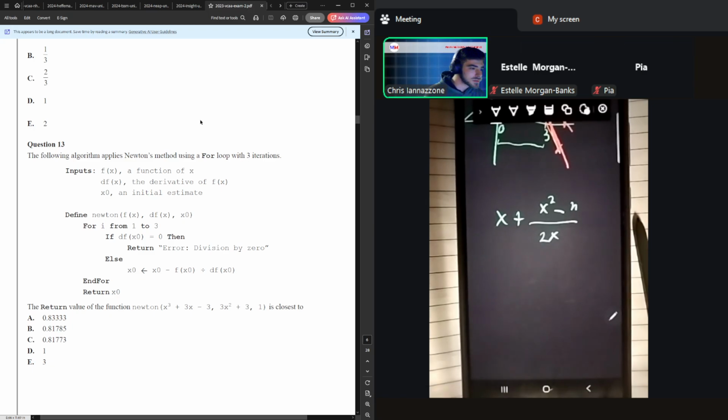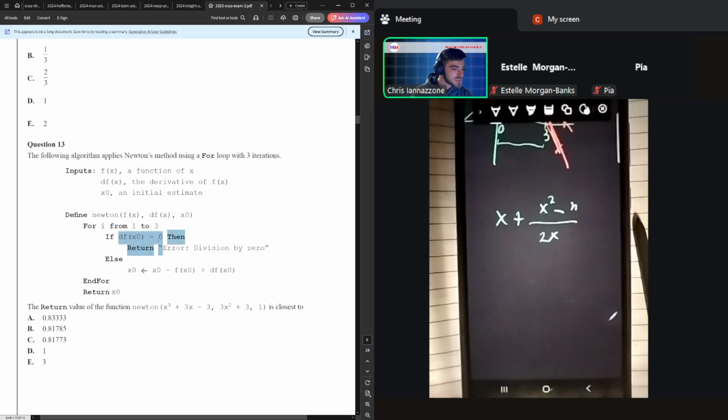It's Newton's method, three iterations. Oh, good. All right, function, derivative of function, estimate. That's those again in that order. Here's the specific functions we're using. There's f of x, there's the derivative, there's the guess.